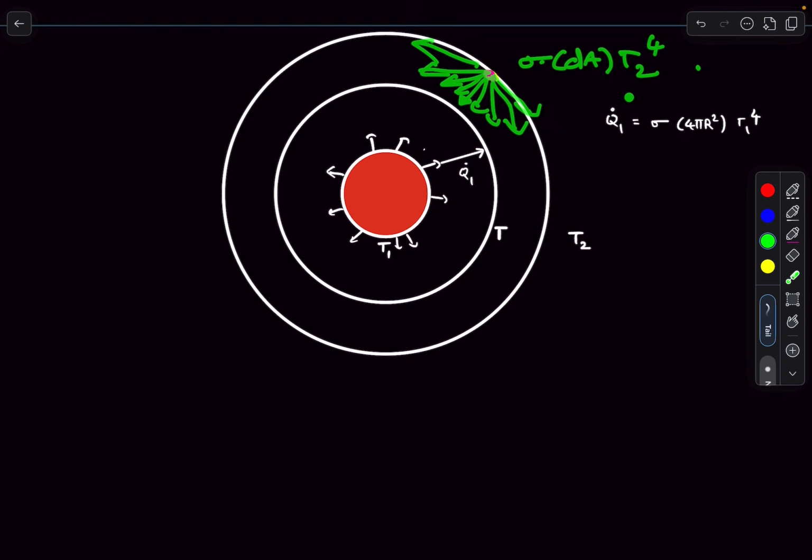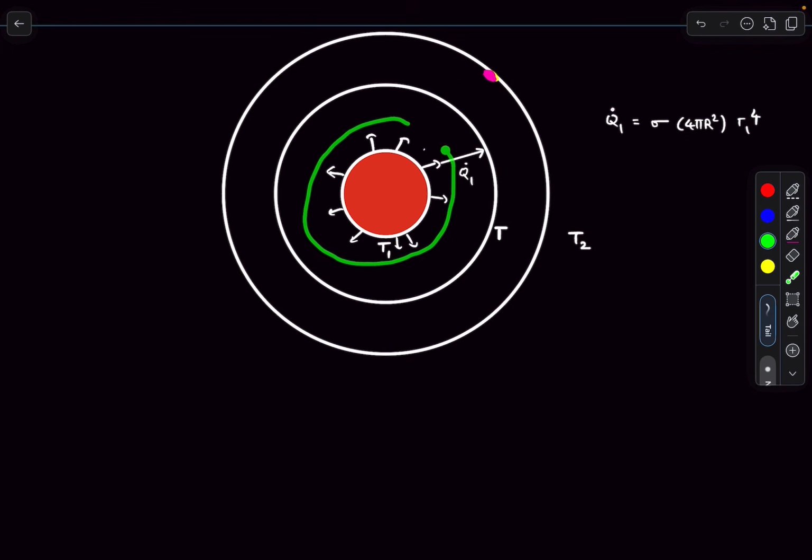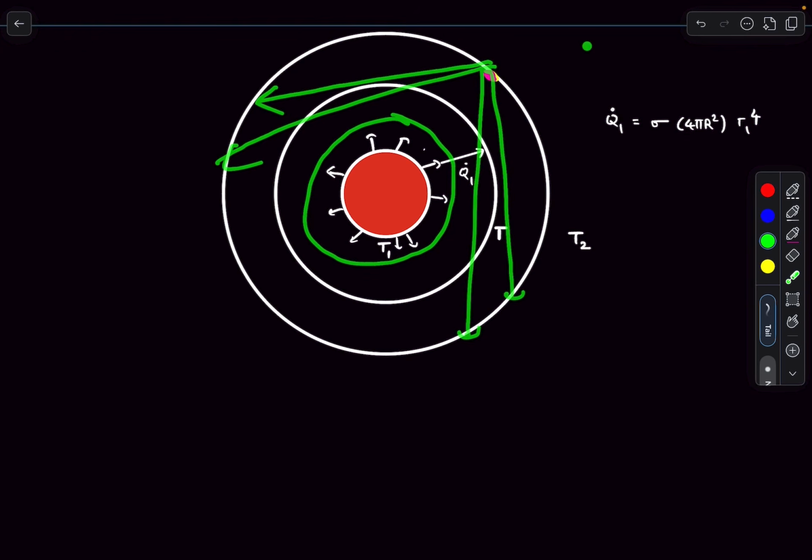So now the issue here is that not all of the radiation will hit the middle shell. A fraction of it will just go back and hit the original shell, if you observe. Okay, it will be more clear if the middle shell was a bit smaller. So if the middle shell was something like this, then none of this fraction of the heat will reach the middle shell.